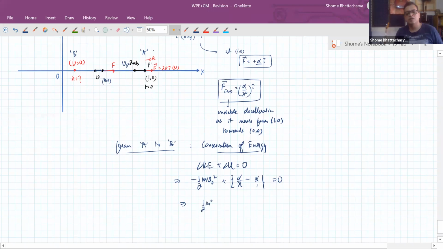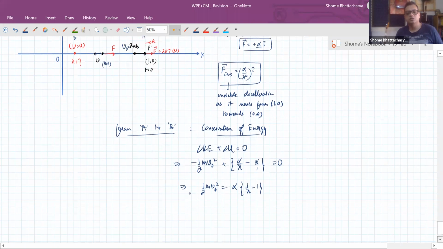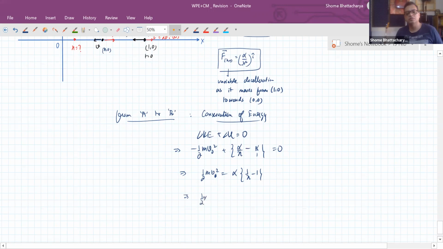So half m v naught square should be equal to alpha into 1 by x minus 1. Now let's substitute the values. So the mass was 5 kilograms and the initial speed we had given was 2. So this should be equal to 20 into 1 by x minus 1.